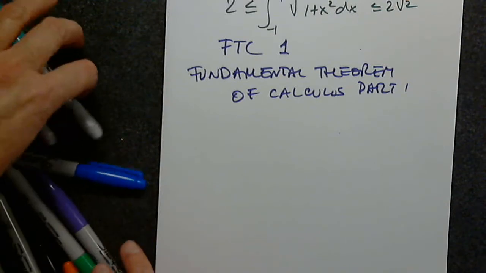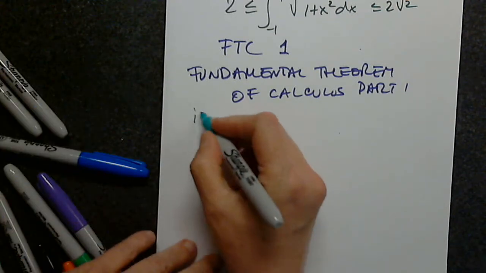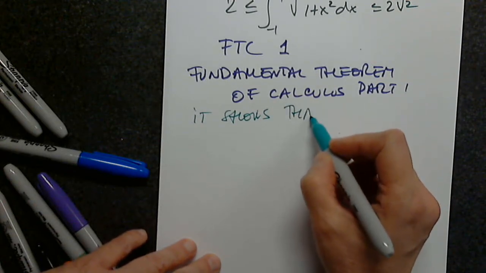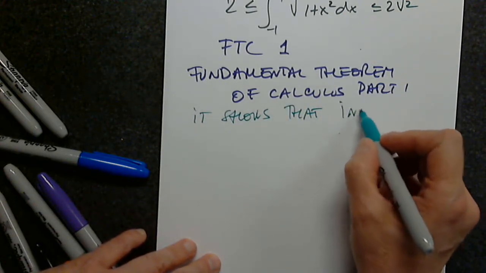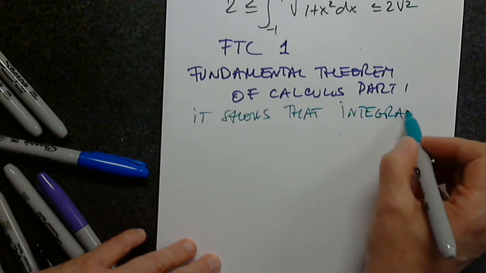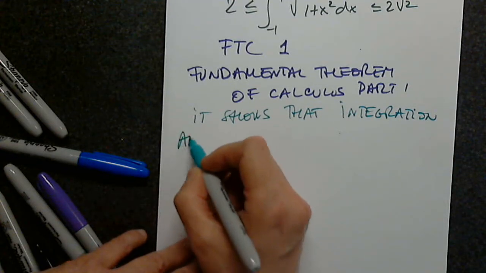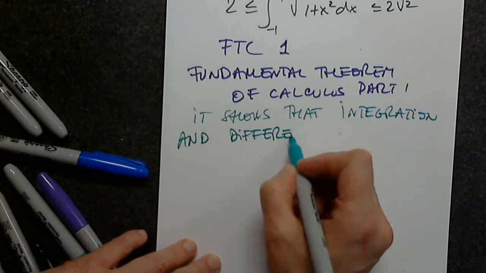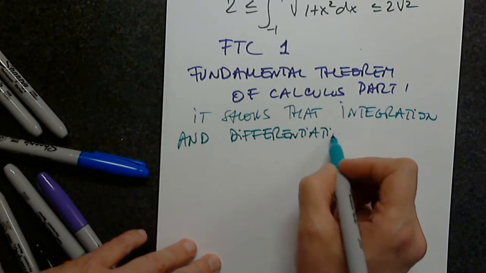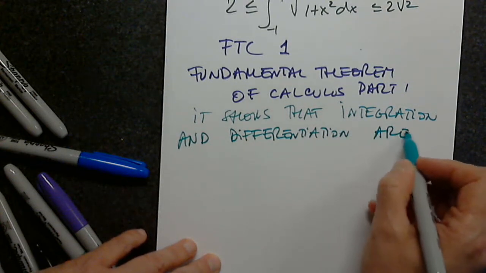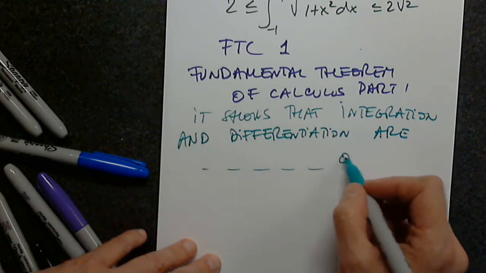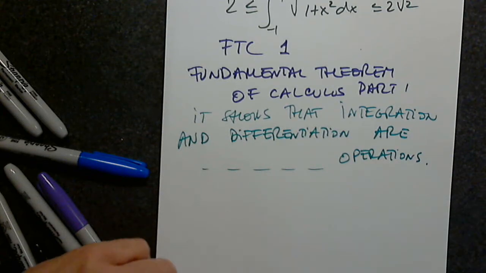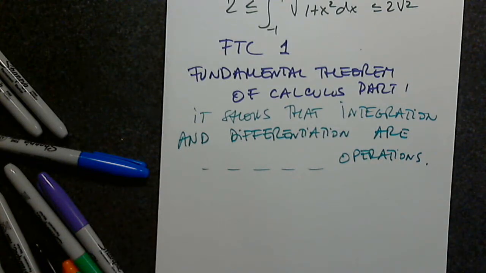Part 1 shows that integration and differentiation are blank operations. I want you to come up with that missing word.